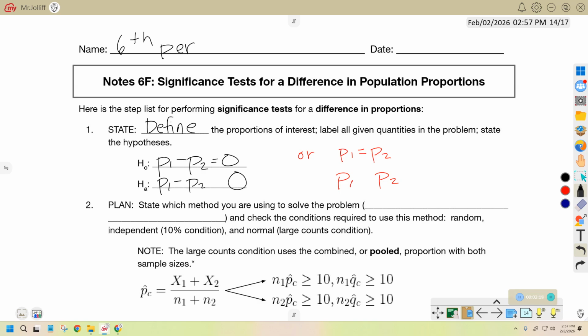For the alternative, it can be not equal to, that's our default if we're not given anything, or less than or greater than. Not equal to tells me that those two population proportions are different. Less than tells me that population 1 proportion is smaller than P2. Greater than tells me P1 is greater than P2.